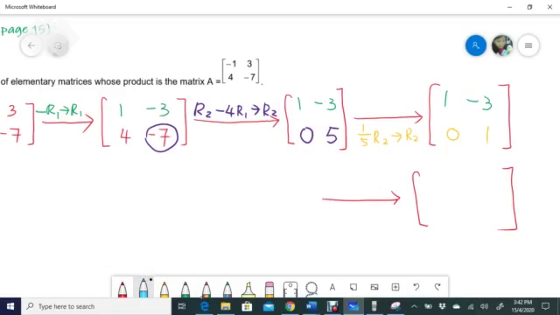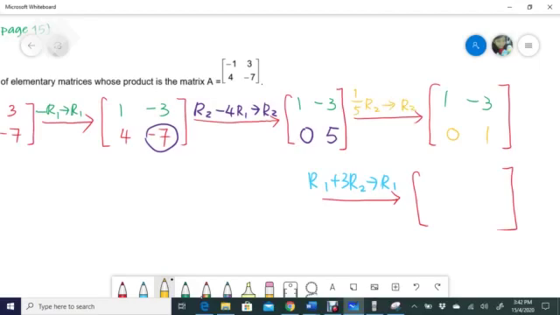You will have R1 plus 3R2 happen to R1, am I right? Some of you may ask why I write at the bottom. You can also write on top if you're really concerned with it.